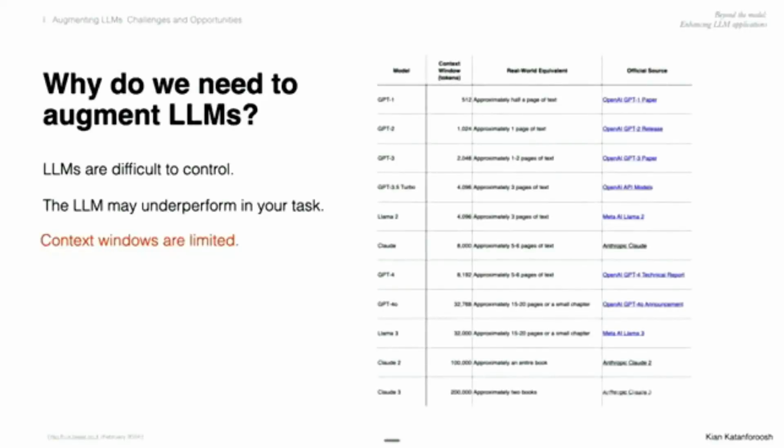If you look at the context windows of the models from the last 5 years, even the best models today will range, in number of tokens they can take as input, somewhere in the hundreds of thousands of tokens max. Just to give you a sense, 200,000 tokens is roughly 2 books. So that's how much you can upload and it can read, pretty much.